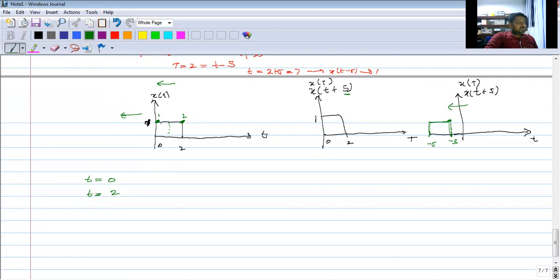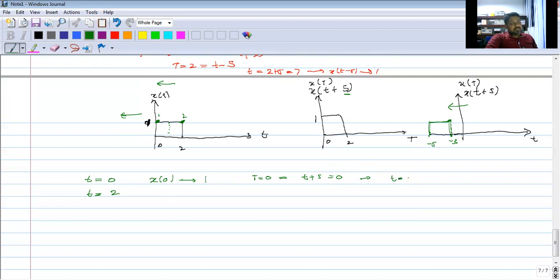So if t is at 0, that means x(0), that is 1. If I consider capital T equal to 0, that means t+5 is equal to 0. So what is the value for x(0) here? You can see that t+5 means, if we move 5 to the other side, it will be minus 5.